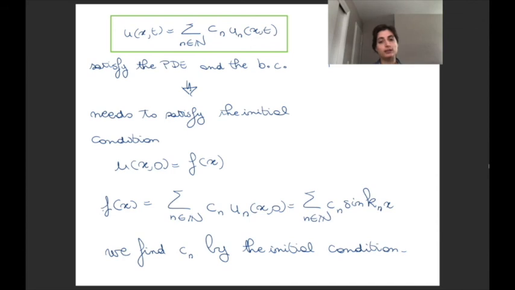So we can rewrite this as the infinite sum that we have imposed. And at u_n (x, 0), the time dependency disappears and we only have the sine component. So we need to find C_n, all these infinitely many coefficients, with this equation that puts together our initial condition on one side and our infinite sum of components on the other.